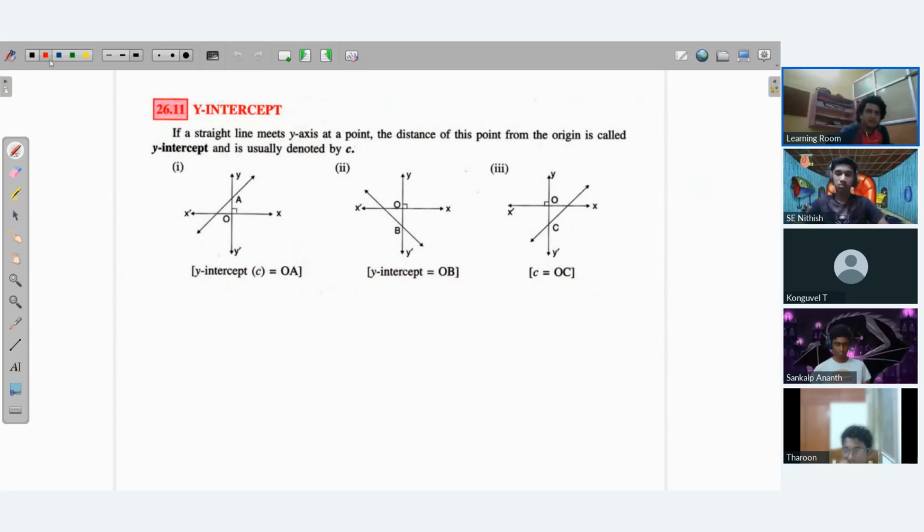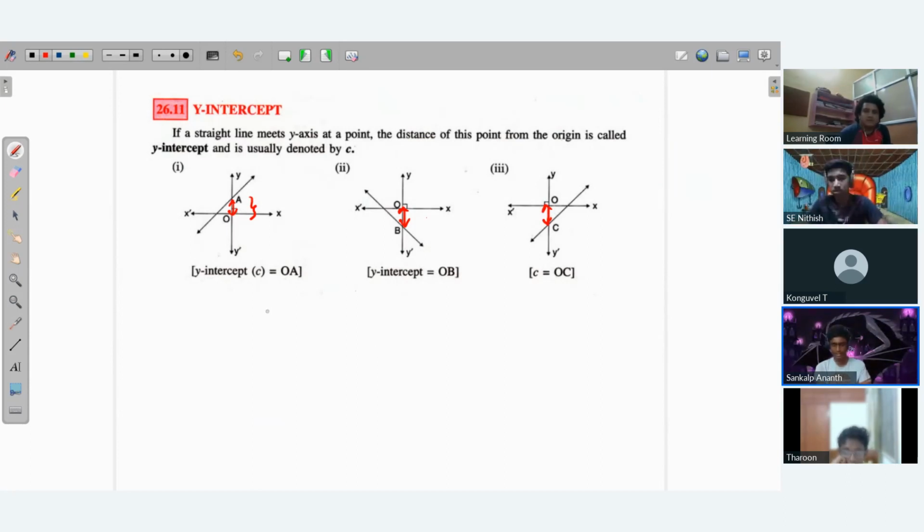In the first part, this portion: the line strikes the y-axis at the point A, and we need the distance of O to A. That is called the y-intercept. Here, in the second case, this is the y-intercept. There is also an x-intercept, I will tell you that also. In the third case, this is the y-intercept.